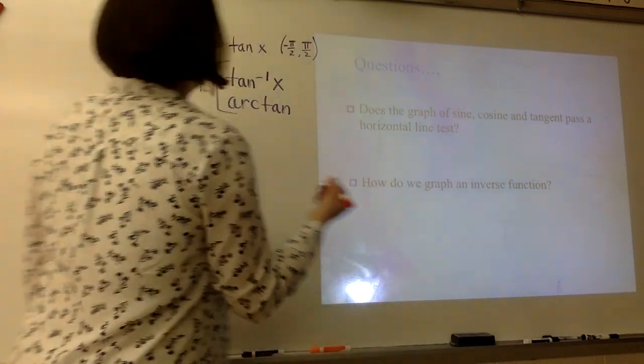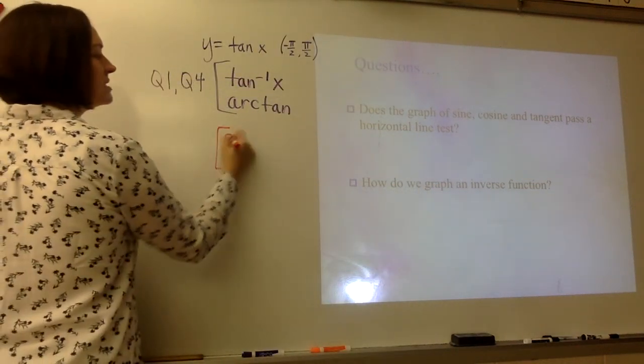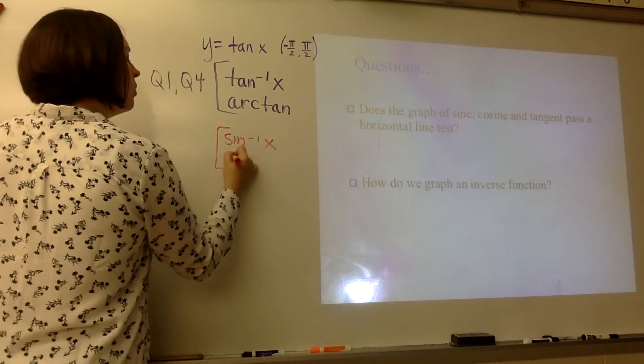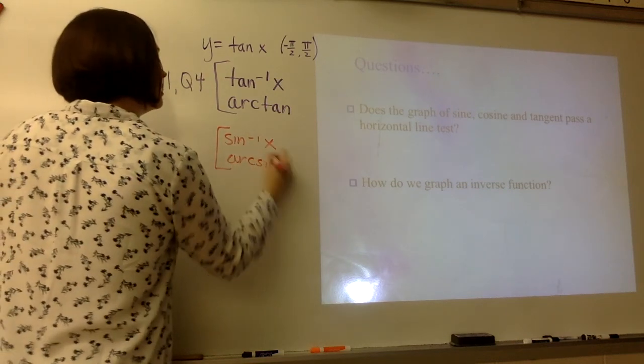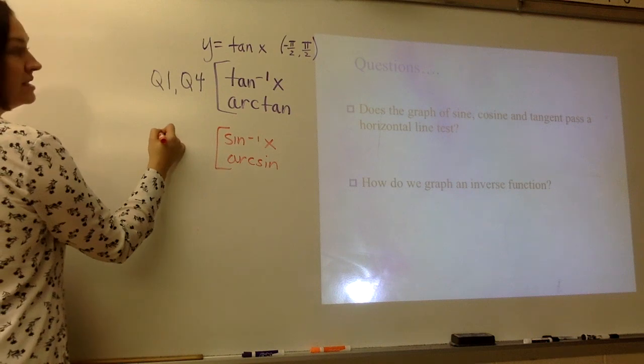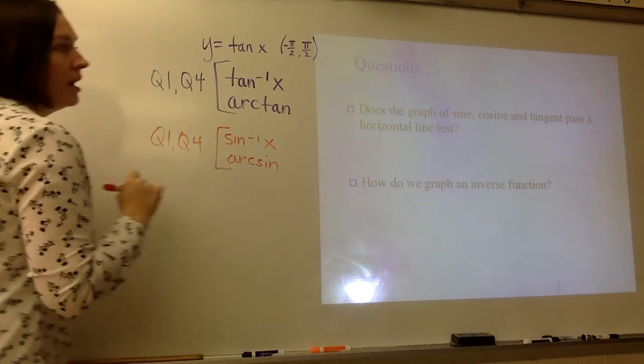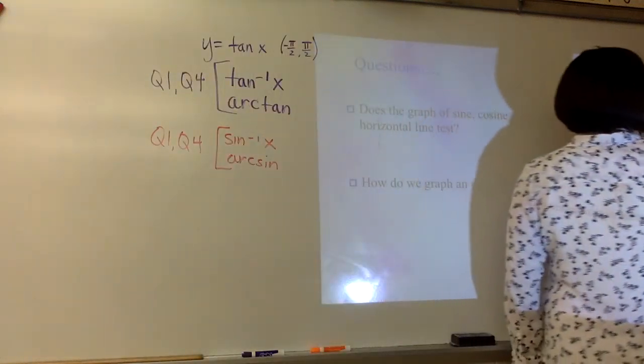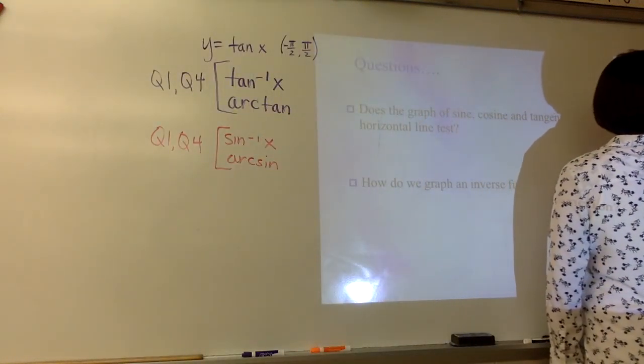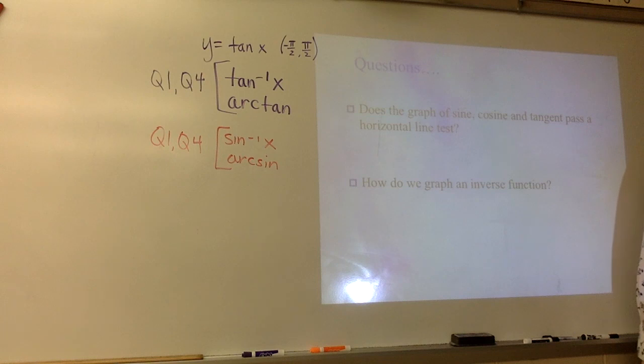Yes. So over here, I'm going to talk about sine inverse, or what we call arc sine. It's also going to be defined in quadrants 1 and quadrant 4, and more specifically, it's going to run on the same interval as tangent, from negative pi over 2 to pi over 2.